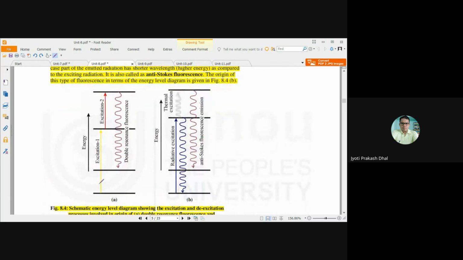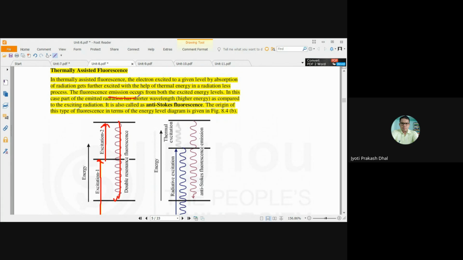You can see the atom first undergoes excitation by a particular laser. Then from this excited energy level, it goes to a further excited energy level by a second excitation process using a second laser. And after that, from the second excited state, it comes back to the first excited state by emitting light, that is called double resonance fluorescence.